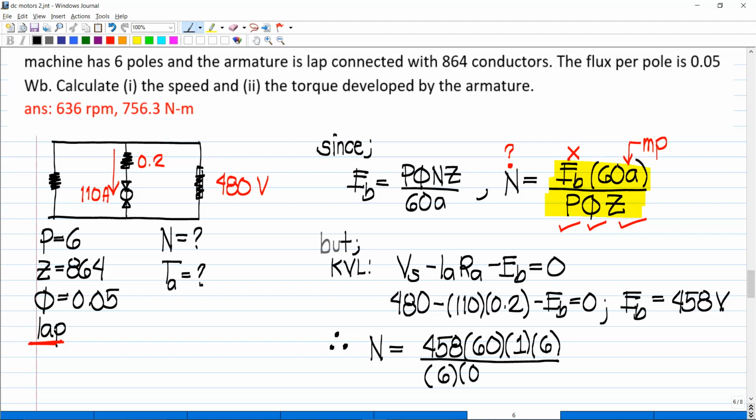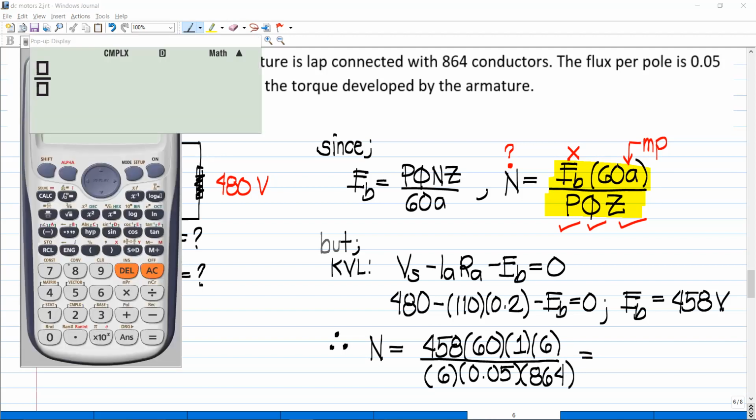The flux is 0.05. And then the number of conductors is 864. So we will now have the answer for our speed: 458 times 60 times 6 over 6 times 0.05 times 864.